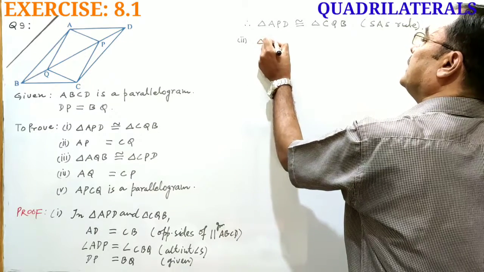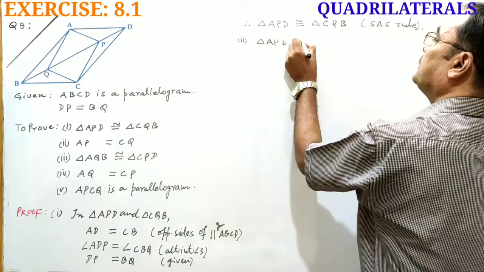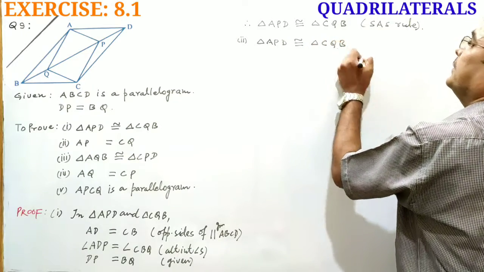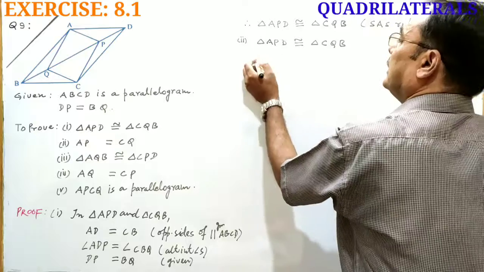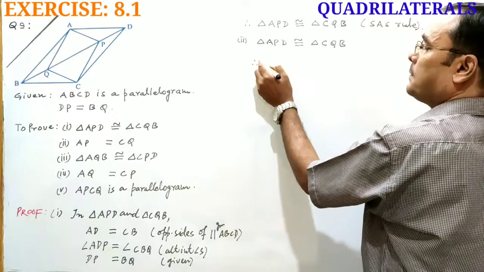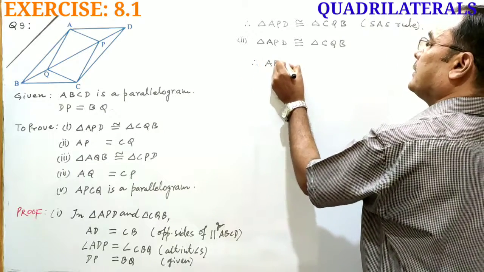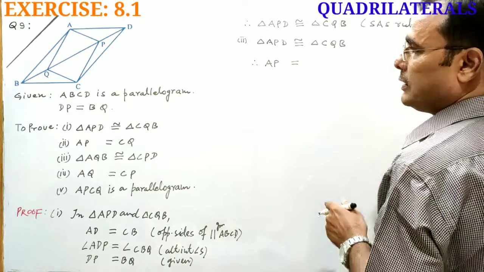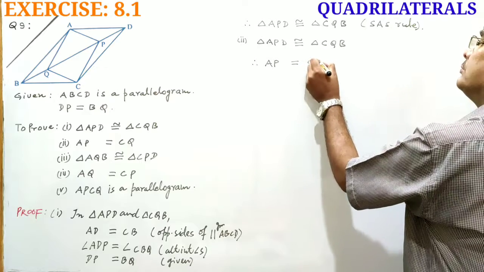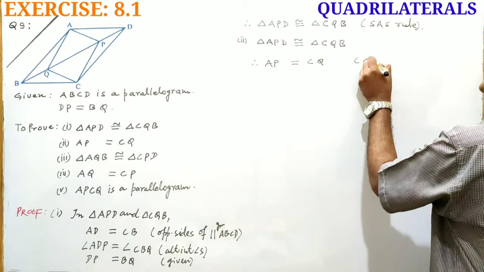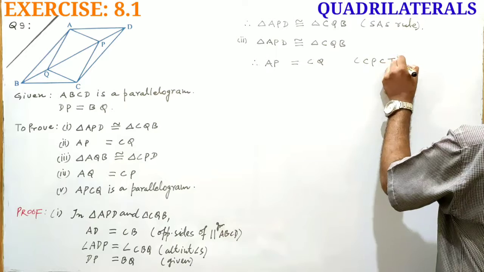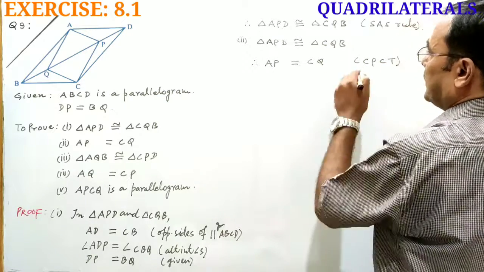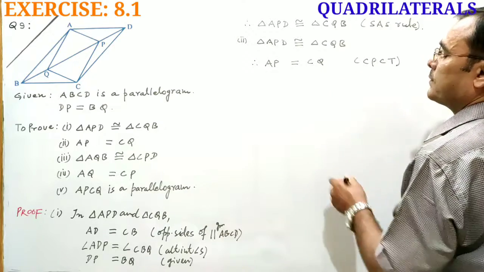Triangle APD we have proved congruent to triangle CQB, and therefore AP is equal to CQ by CPCT, as they are corresponding parts of congruent triangles APD and CQB.